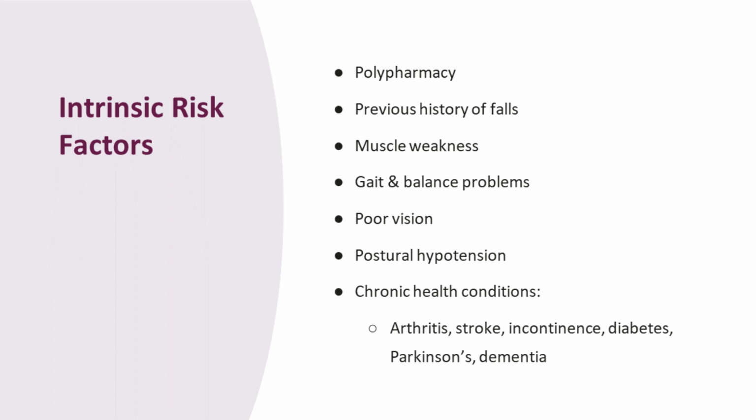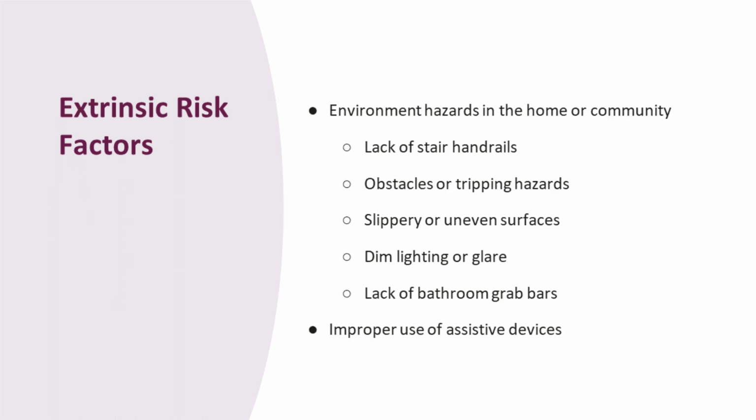We know that there's some rigidity that comes with the muscles in that chronic condition, and if somebody doesn't take their medication on a very strict schedule, it could cause issues with their mobility and their movement. So again, we need to be paying attention to these intrinsic risk factors when we're working with older adults, but also those extrinsic ones, and those seem to always come to mind when we think of fall prevention.